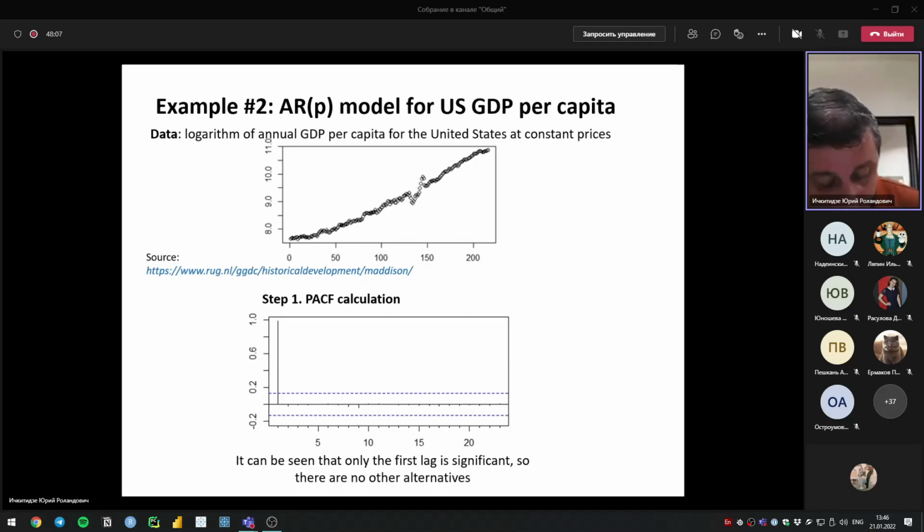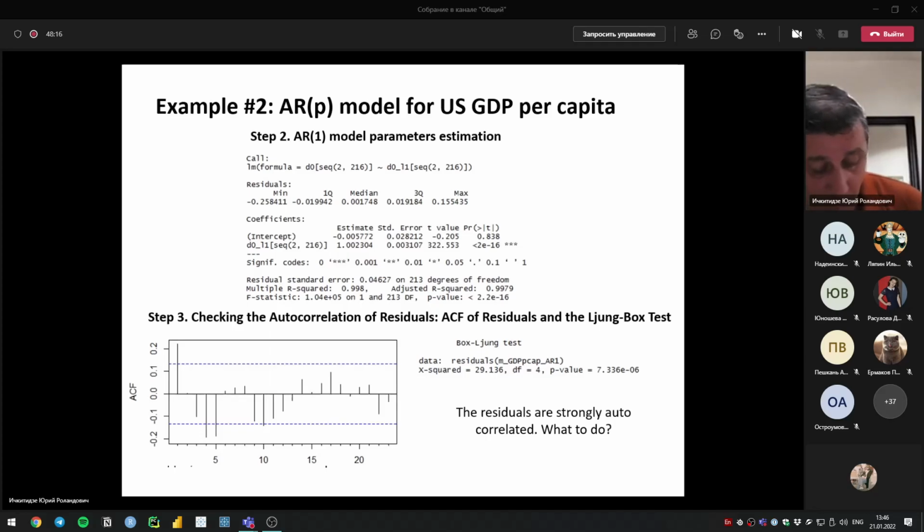We need to construct an autoregressive model with order 1. We estimate the parameters of the AR(1) model. It turns out that the coefficient at the first lag is 1.002. The intercept, that is A0, using the LM function is minus 0.005.